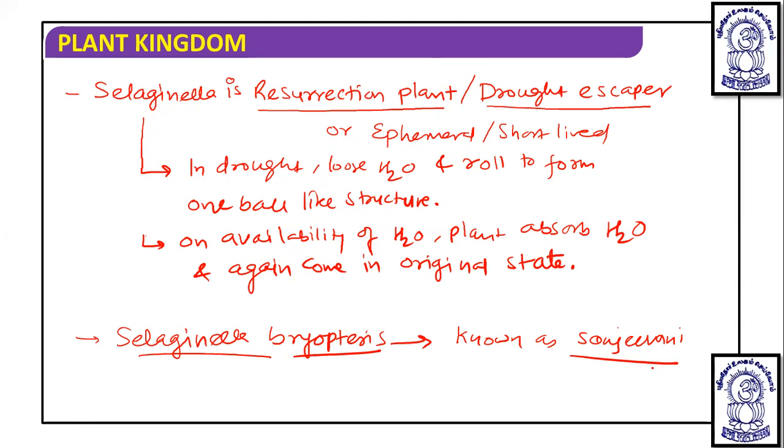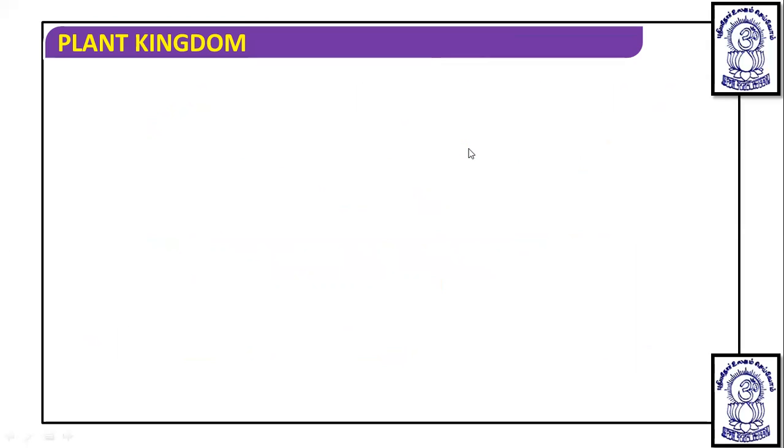Apart from Selaginella, the third example which we are going to discuss in this group is Isoetes, also known as Merlin grass.